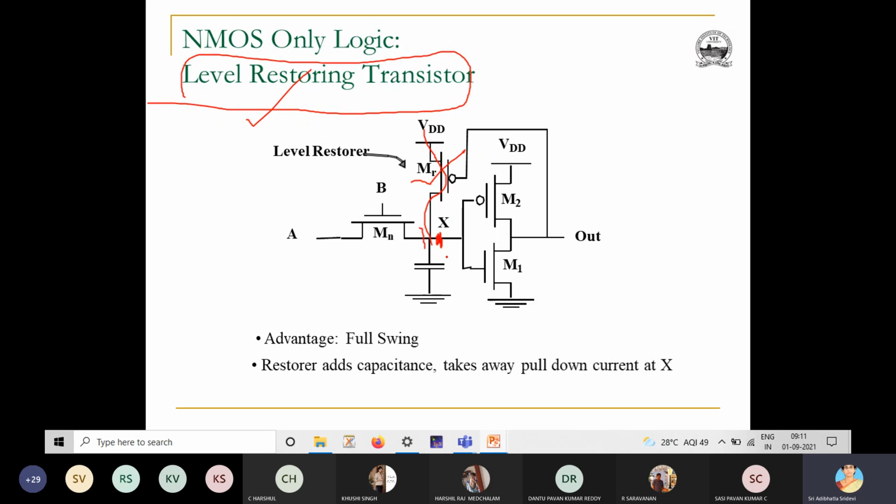So even though we use pass transistor logic, by using this level restoring transistor, we will compensate for the threshold drop. You may have a doubt, ma'am, here you have used only one transistor for the AND gate and we are using one more level restoring transistor, then is it not an overhead? Don't think that we are always using an AND gate. It's an example. We may implement a very complicated logic using pass gate.